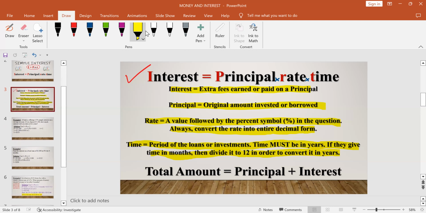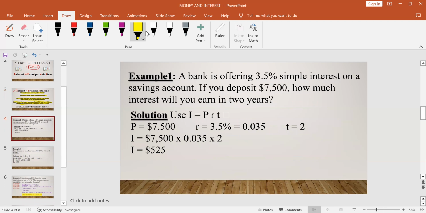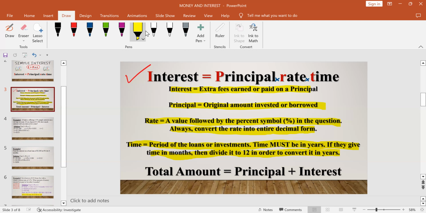Okay, so let's see in practice how that works. By the way, sometimes they ask you to find the total amount. The formula for total amount is the principal plus the interest. So you borrow money, for example 5,000, but know that you don't just pay the 5,000, you're going to pay an extra fee on it.